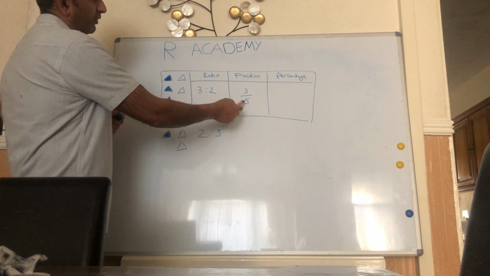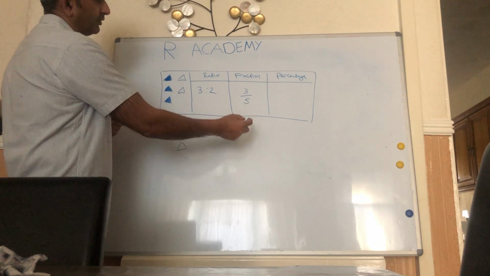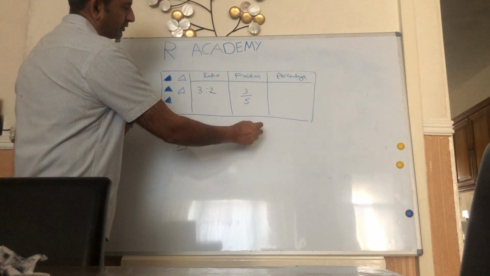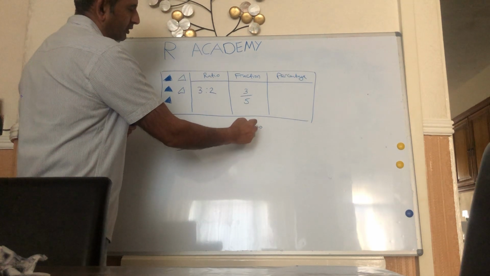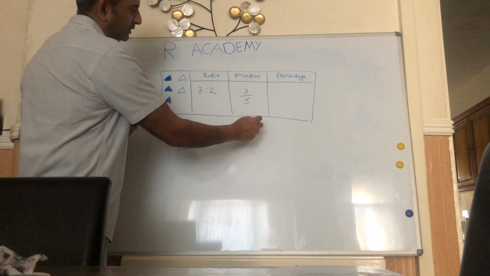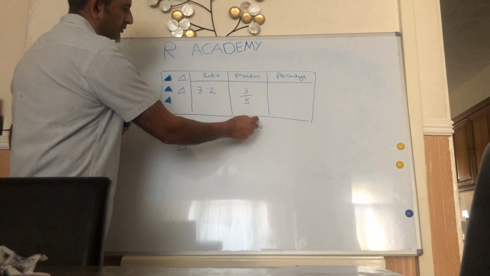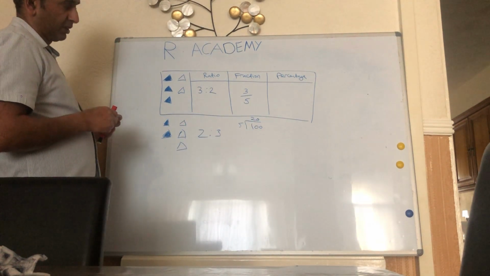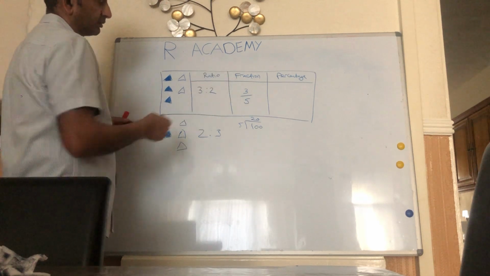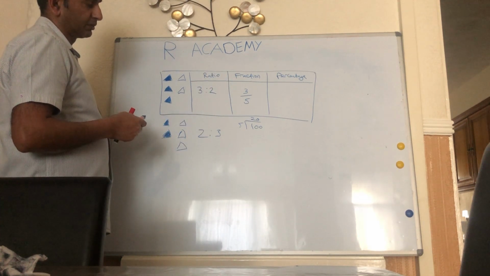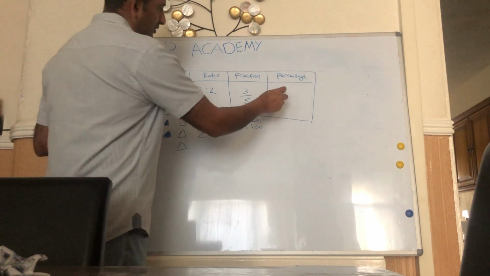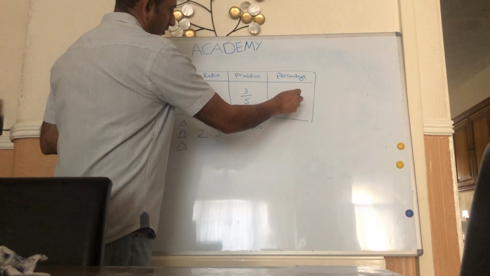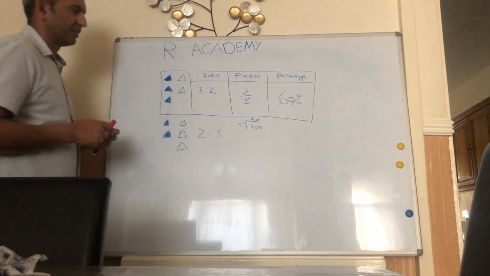So like 100 divided by 5 equals 20. Basically 5 20 pences at 100. And then if you times the top one by 20, it should give you 60. So the answer there would be 60%.